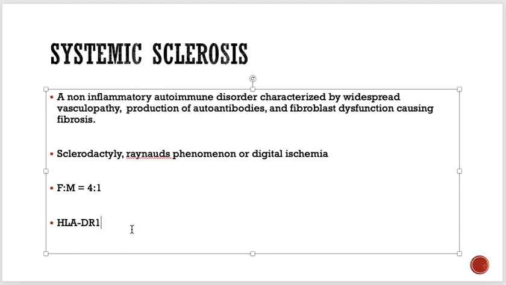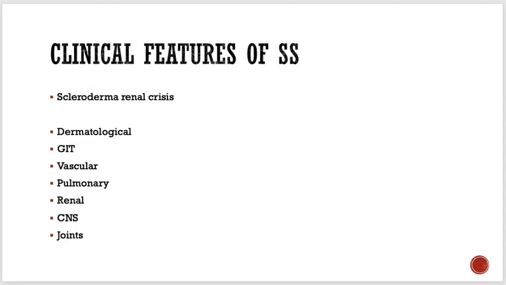They are also involved. Now, the good thing is, whenever there is limited systemic sclerosis, there is a higher survival prognosis. Whereas in diffuse systemic sclerosis, the survival time is less than the limited one.